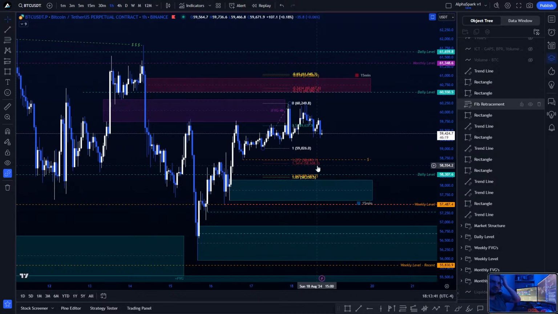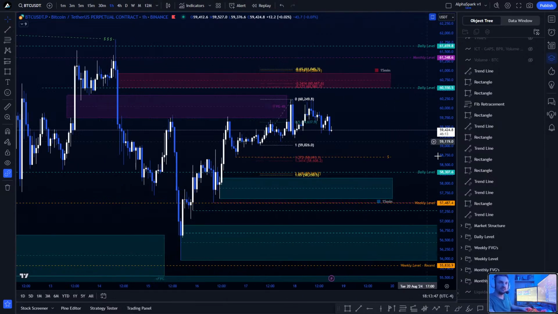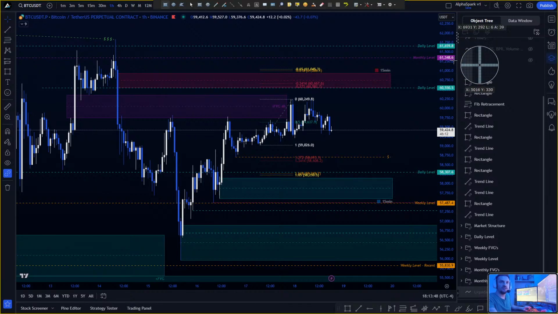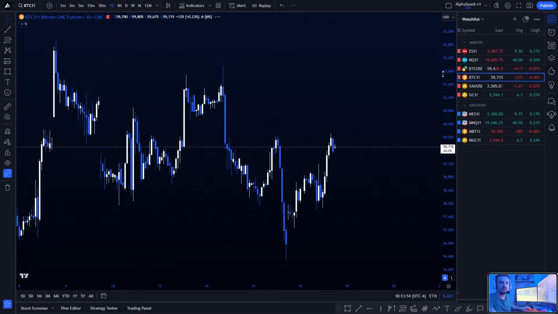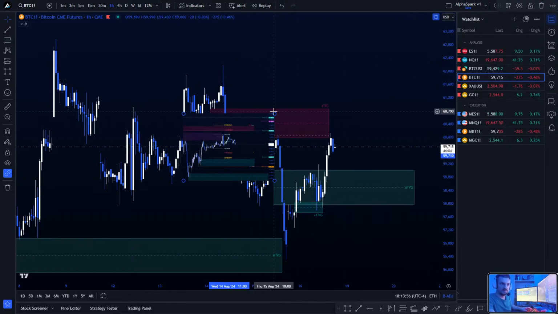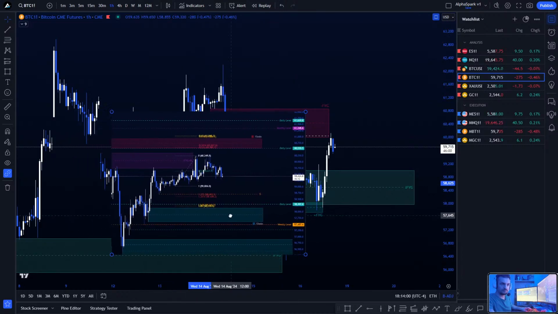Daily level or 58,700 would be really nice to not lose. Because let me take a screenshot and paste it on the other chart for you guys to understand. This area over here is essentially the area of the IFVG. We do not want to lose this area then.